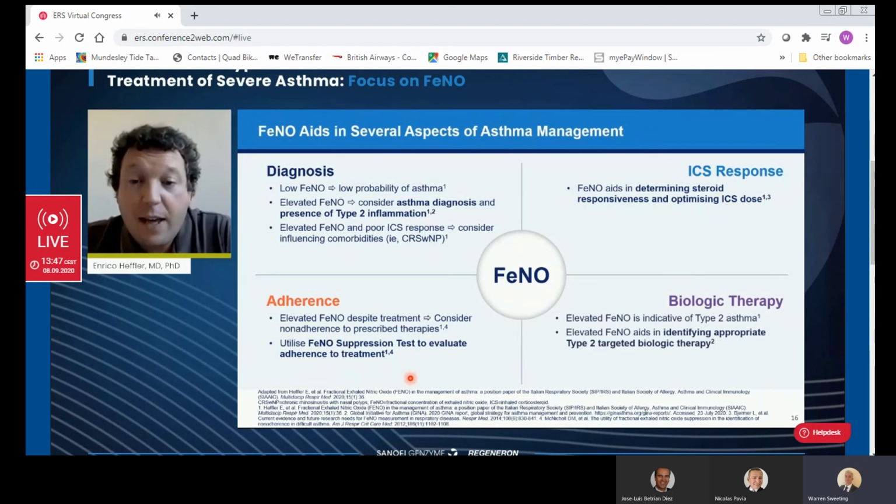And finally, last but not least, exhaled nitric oxide can be used in properly phenotyping patients with severe asthma in order to identify patients who are eligible for type 2 targeted biologic therapies.